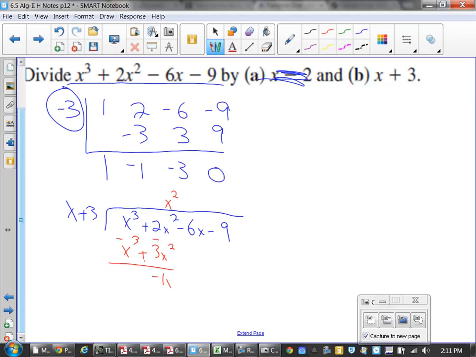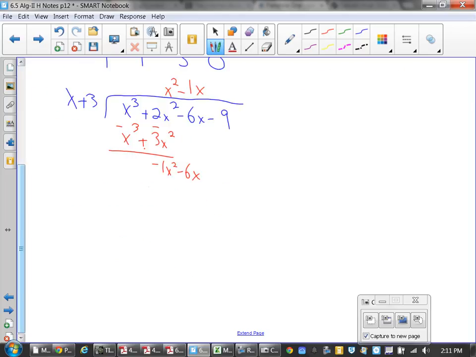You get a negative 1x squared. How do you turn an x into a negative 1x squared? Negative 1x. So you have negative 1x squared minus 3x. Subtract it all out, you get negative 3x minus 9. How do you turn an x into a negative 3x? Negative 3. And you had no remainder, right?